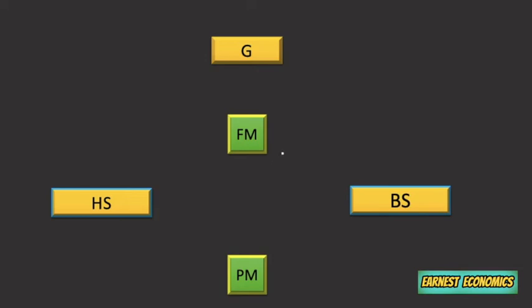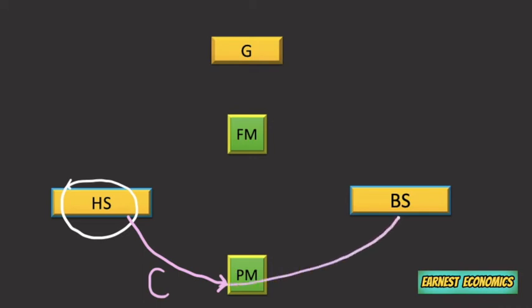One more point that we need to keep in mind is that when the household sector receives income, where does this income go? What are the ways in which the income is spent? Again there are three ways in which income is spent. One is it is spent on consumption, which we call consumption expenditure, and then it goes to the business sector. The second is that some part of it is saved, and that saving, through the capital market, moves to the business sector again for investment.